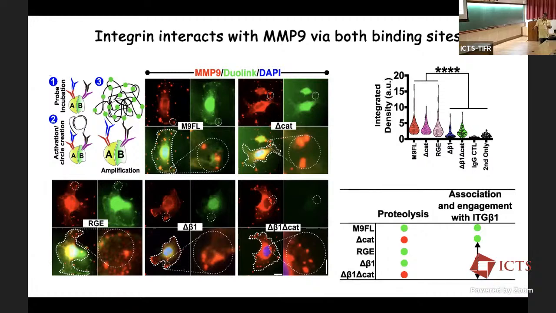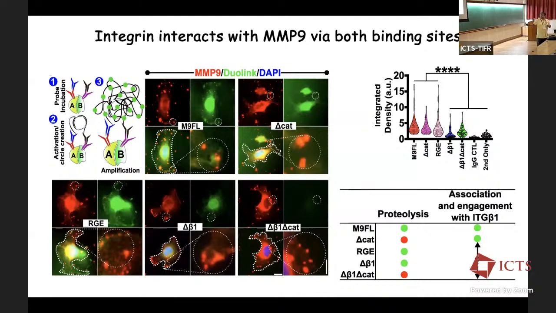In RGE, surprisingly, this is still there. When we converted from RGD to RGE, it's still there. But when we made the delta beta 1 deletion, the green signal is significantly reduced. This is the intensity, showing that in full length, delcat and RGE cells you have association.